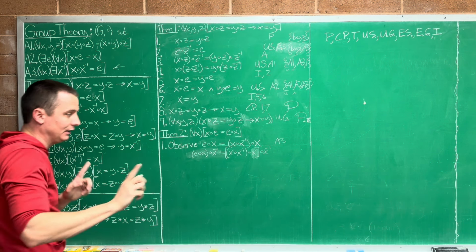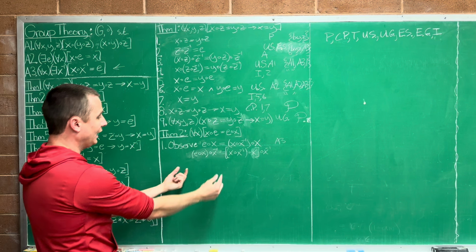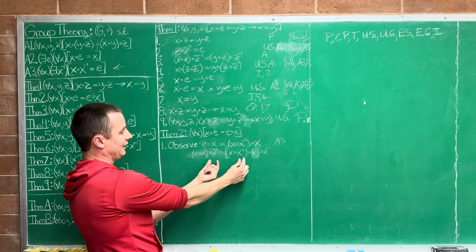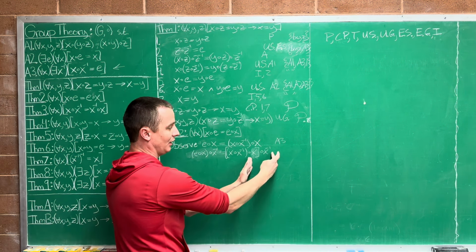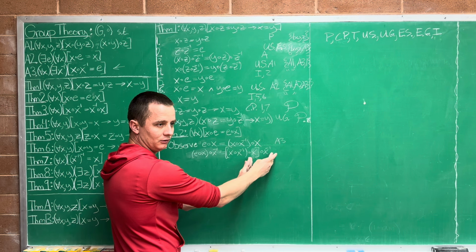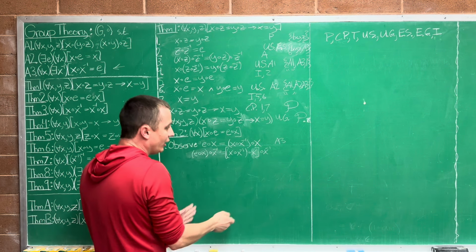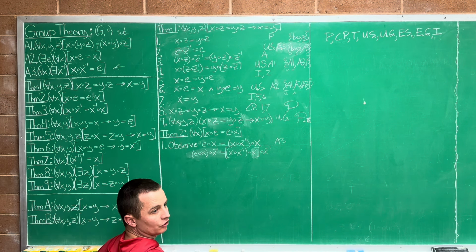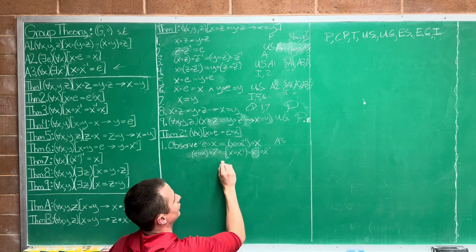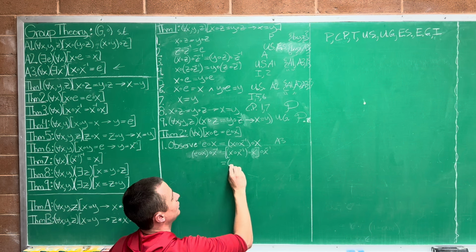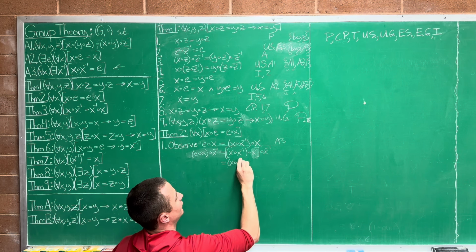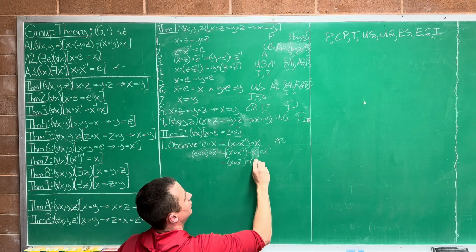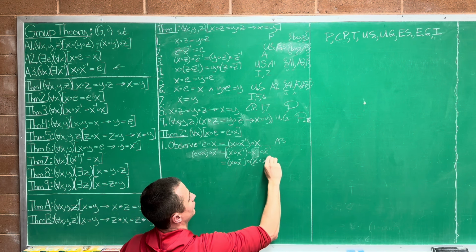So I know I can cancel out the same thing on both sides. So if I can get this piece to equal this, and I can cancel out that with that, I just need this stuff to go away. So my goal from here on out is to get this other stuff to go away. So I'm going to use associativity to move my parentheses around. So this is equal to x circle x inverse circle x inverse.